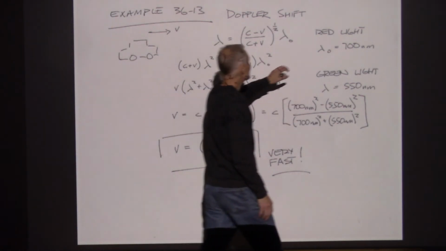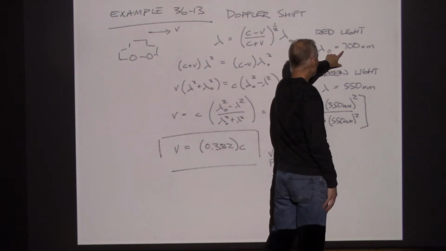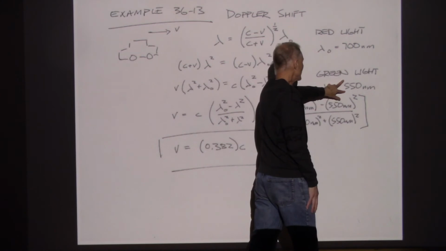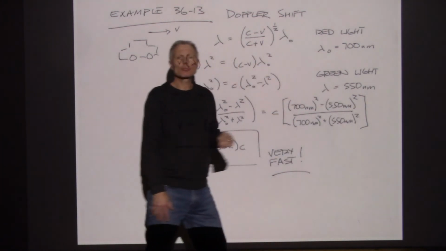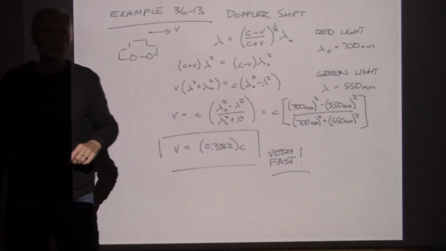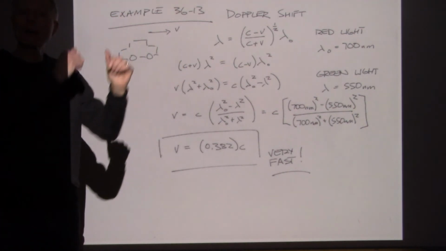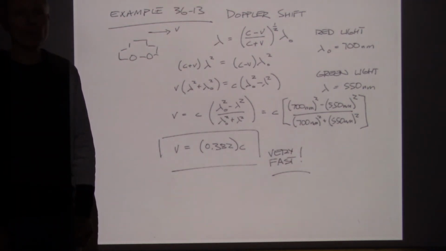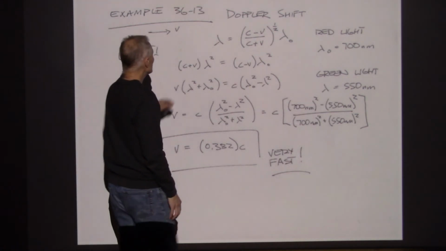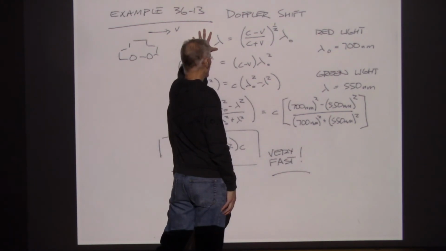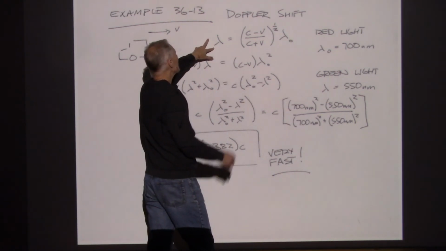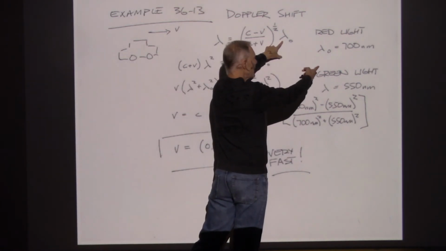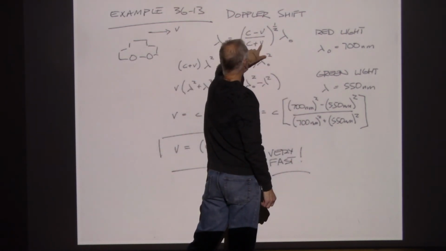So red light is at a wavelength of 700 nanometers. Green light is at a wavelength of 550. So how fast would the driver have been traveling to have the light from a red light be green light in the driver's reference frame? So we can start with the Doppler wavelength formula. The wavelength observed by the driver equals the wavelength of the light in the rest frame times the square root of (c minus v over c plus v).